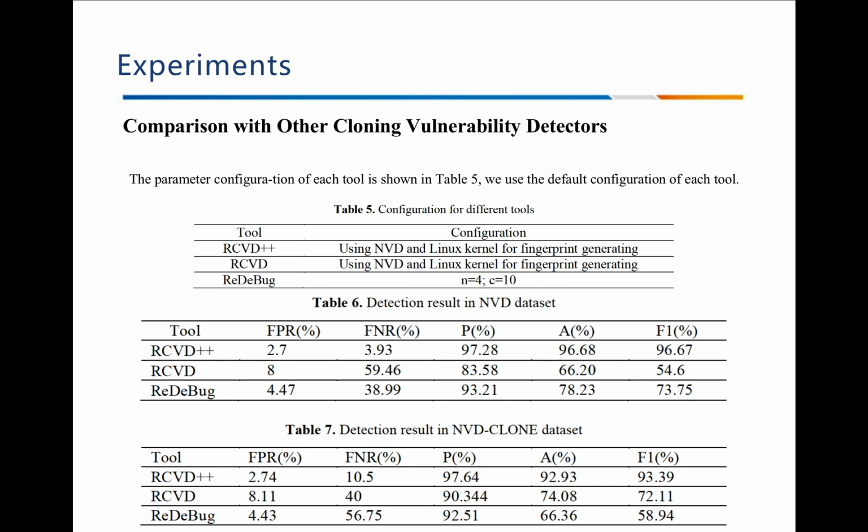RCVD++ has a higher accuracy rate and precision, which means it can find more vulnerabilities without introducing too many false positives, reducing the cost of manual review. At the same time, RCVD++ has a lower false negative rate, which proves the effectiveness of the reiteration screen method proposed in our paper.